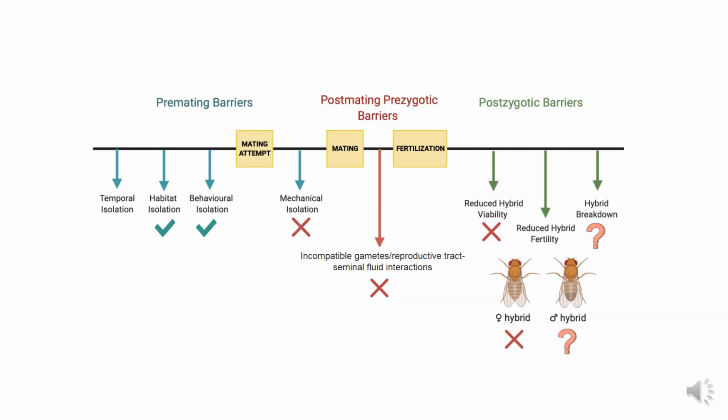So overall, through this experiment, we established the existence of bidirectional premating reproductive isolation barriers. We managed to show that there are no post-mating pre-zygotic barriers, and in terms of post-zygotic barriers, while there is no reduced hybrid viability or reduced reproductive fitness in the females, the male data is inconclusive because even though the pattern seems to be reasonably consistent, the male data is significantly depressed from the expected levels of 1/5 of the proportion of offspring.